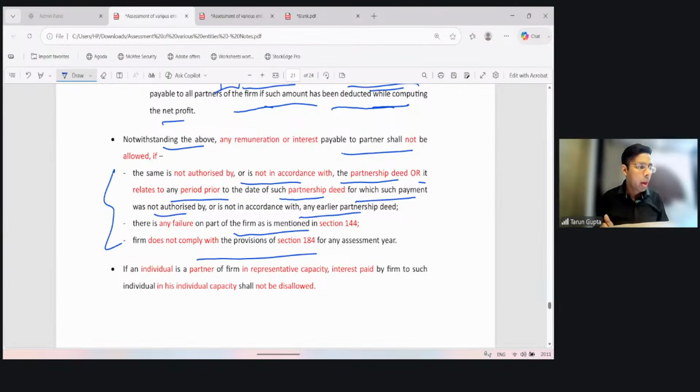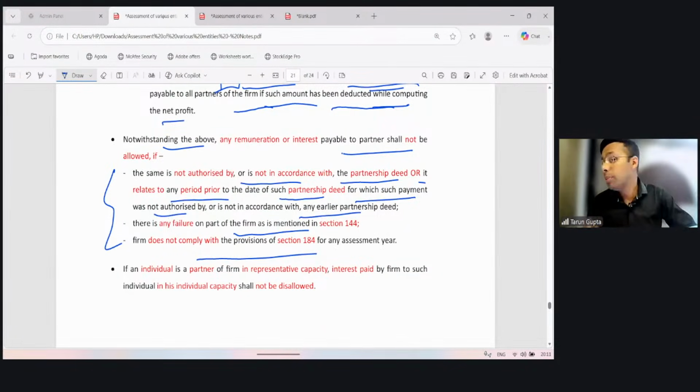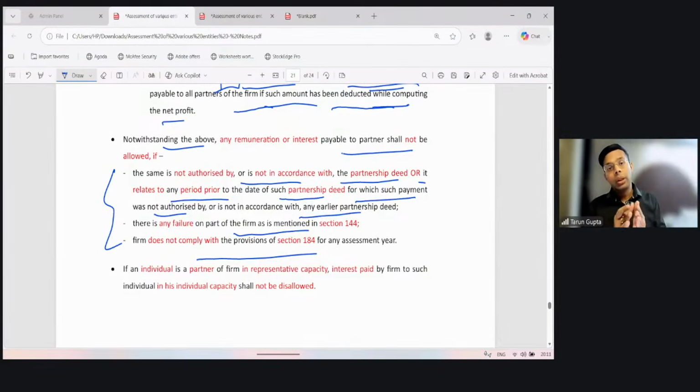One more thing. Whatever deduction is allowed to the partnership firm for salary or interest, only such amount is taxable in the hands of the partner as his PGBP. So there is no double taxation.